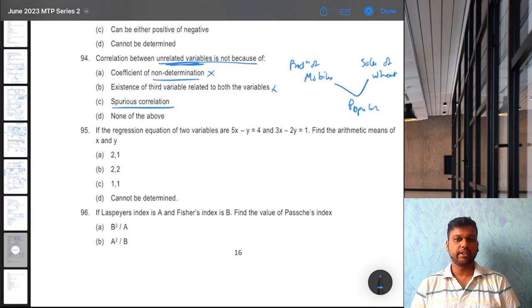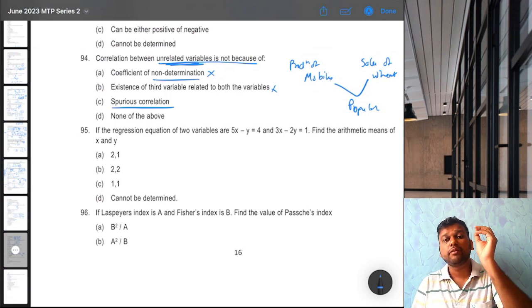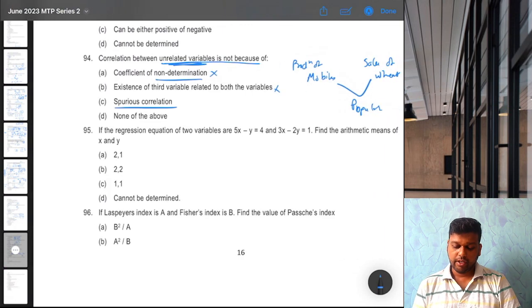Last is spurious correlation. Now spurious correlation means what? Let's say there are two variables which are unrelated and there is some correlation between them just because of chance. For example, if I take pass percent of CA final, and let's say I take sale of wheat.